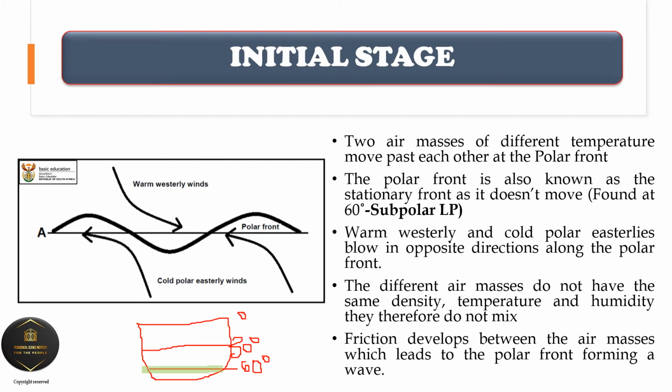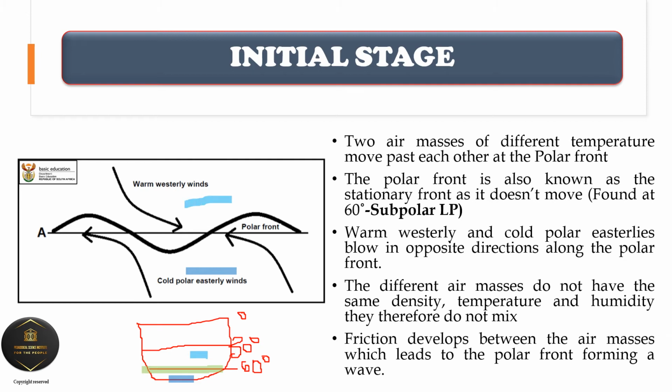They will meet at this polar front, or at the subpolar low pressure. So the subpolar low pressure is separating this cold air that is found here from the warm air that is found here. So you'll find your cold air here, the cold polar easterly, and the warm westerly up there.